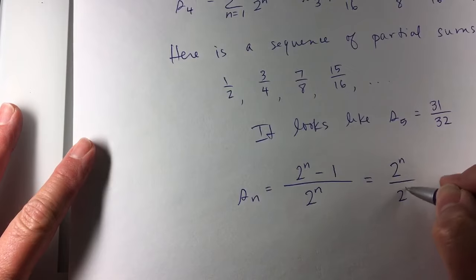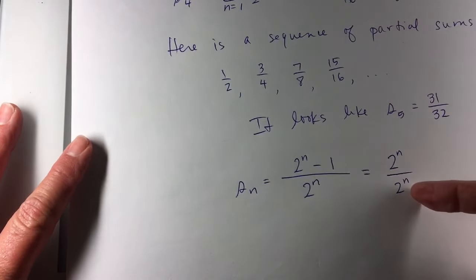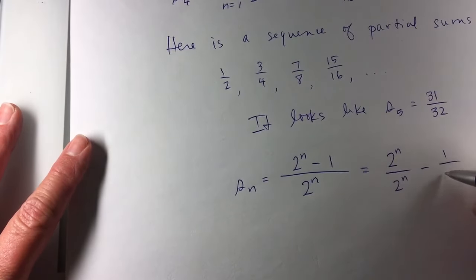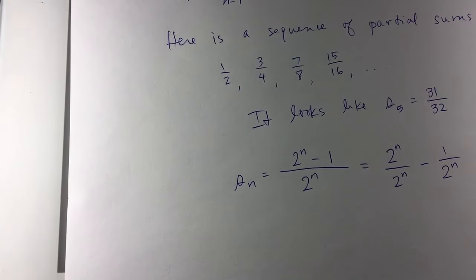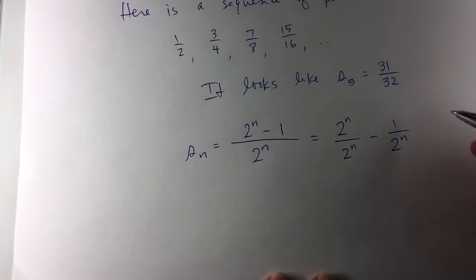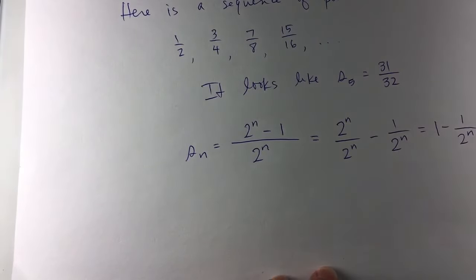I can split this into 2 fractions, 2 to the n over 2 to the n minus 1 over 2 to the n. And the 2 to the n over 2 to the n reduces to 1. That's 1 minus 1 over 2 to the n. So there's an expression for S sub n.